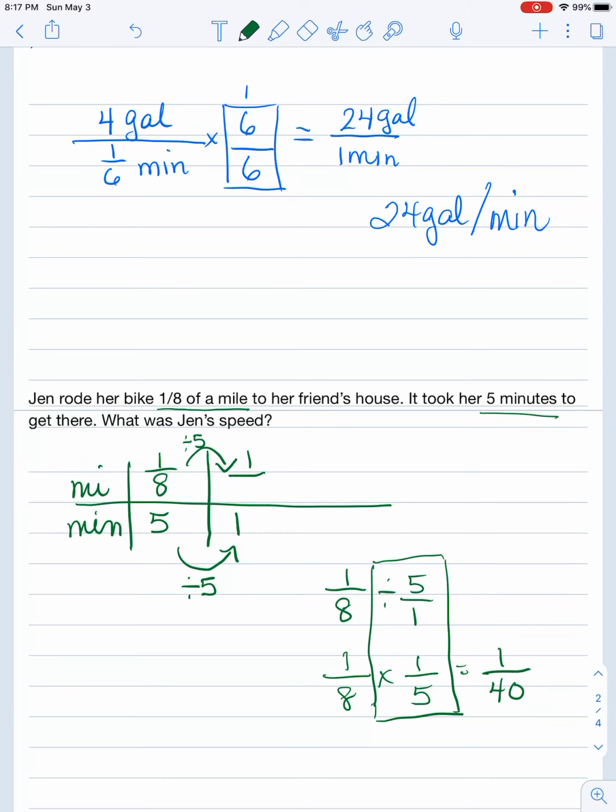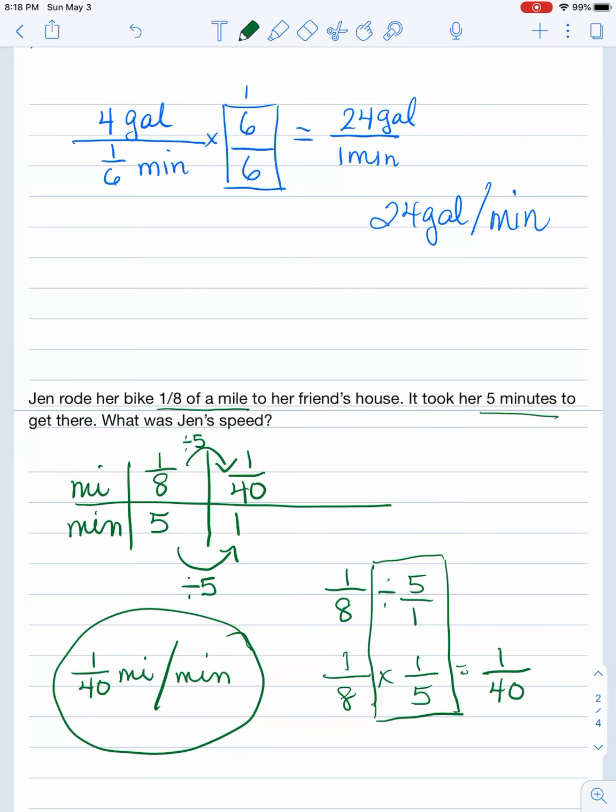And so 1/40th, all right? So what is her speed? Her speed is 1/40th of a mile per minute. It's not very fast, is it? But, well, maybe you have to teach Jen how to ride her bike a little bit faster, but still be careful.